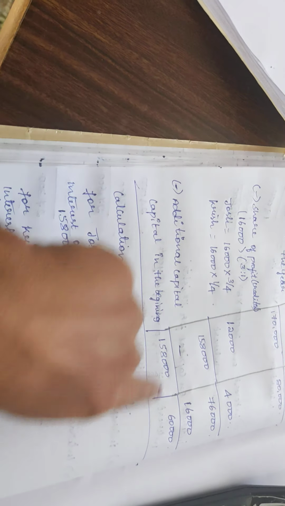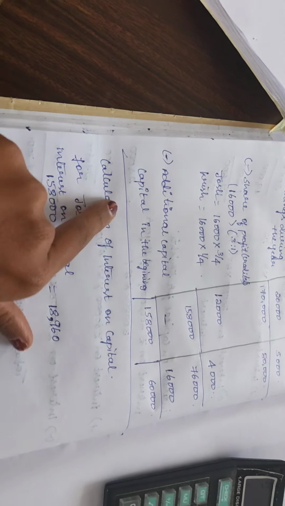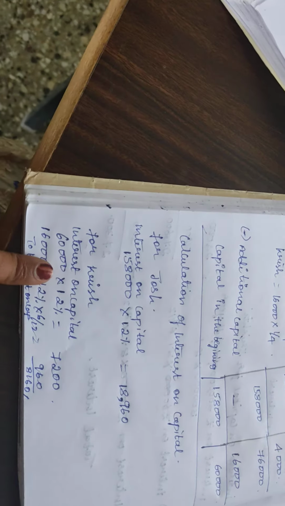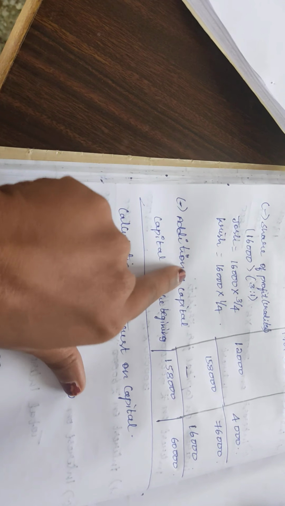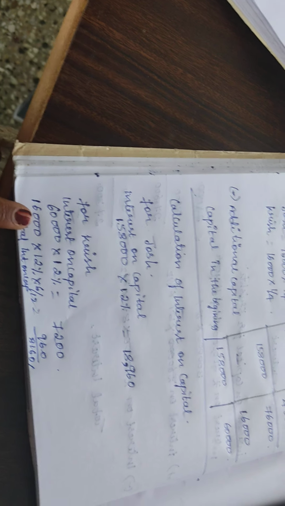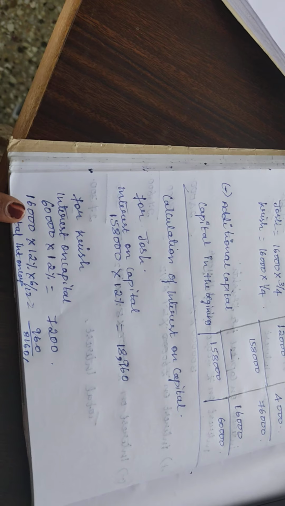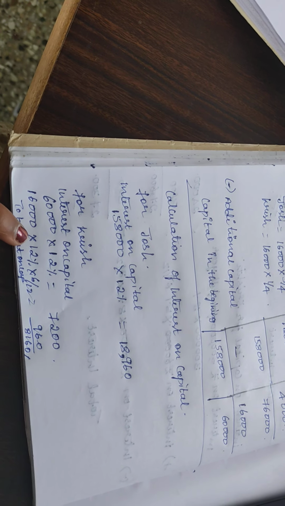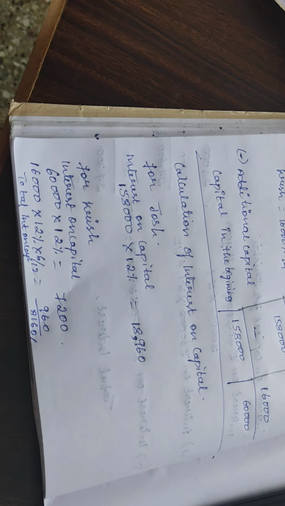After deducting it, we got 60,000. So the capital in the beginning is 60,000 for Krish. As we have deducted the additional capital, we take it into consideration while calculating the interest on capital. That's the reason why we have taken the additional capital here. So this is the calculation of interest on capital.